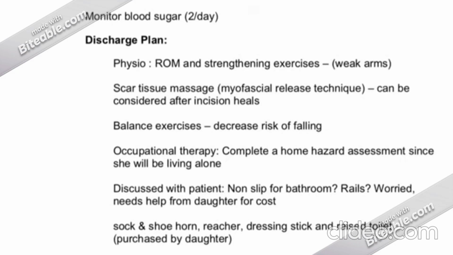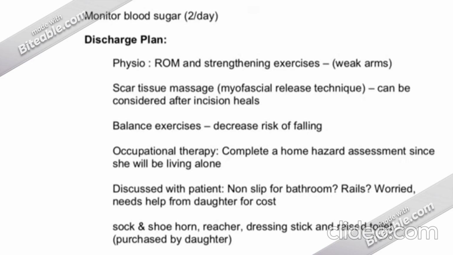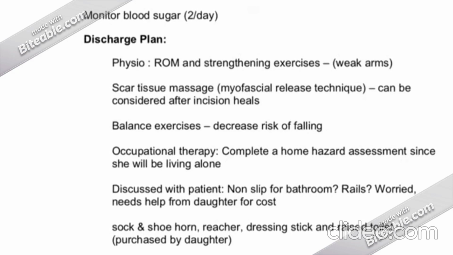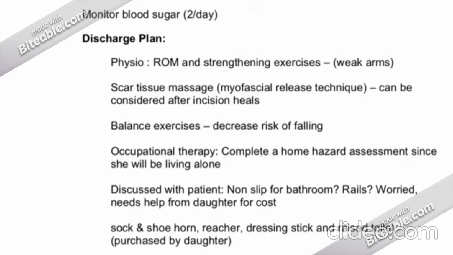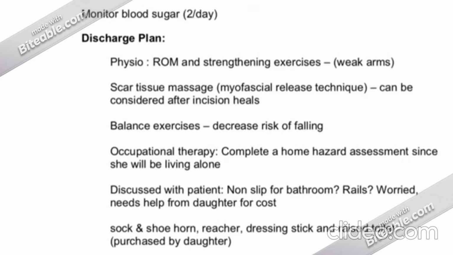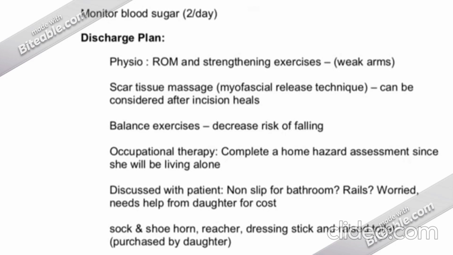These are relevant data. So for us, we need the discharge plan for occupational therapy. Complete a home hazard assessment since she will be living alone. Discussed with the patient: non-slip mats for the bathroom, rails; she is worried and needs help from her daughter for the cost. Sock aid and shoehorn, reacher, dressing stick and raised toilet already purchased by daughter.